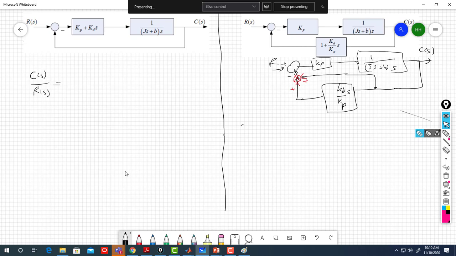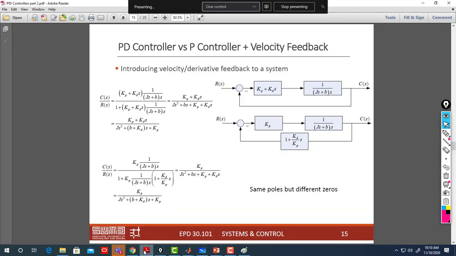And for this one, C of S over R of S, let me put them close to each other, at the same level. Alright, so here also it's easy, C of S forward over 1 plus loop, right? I don't want to spend time, so I copy paste them from my paint.